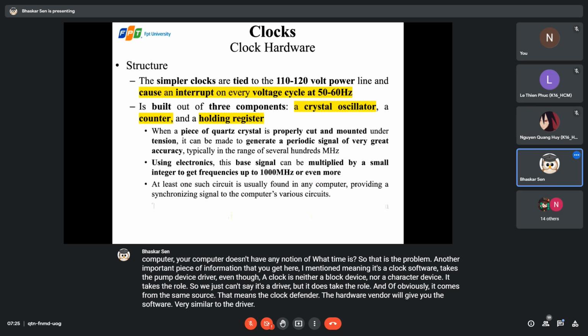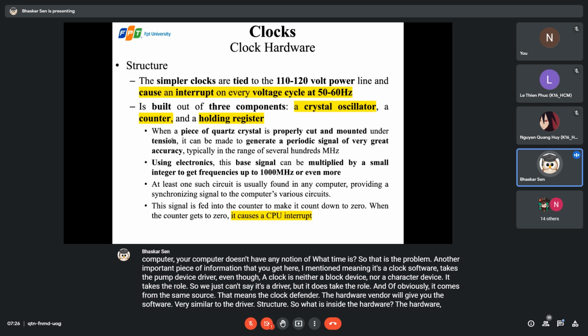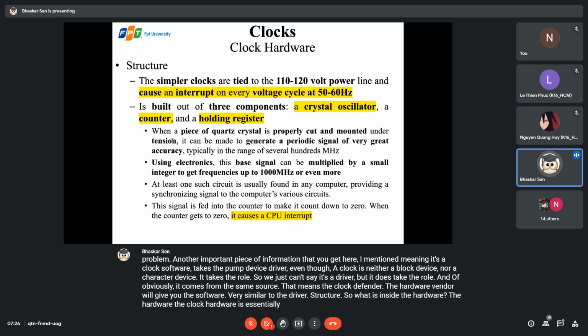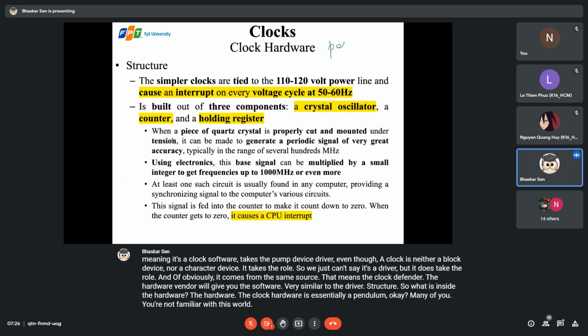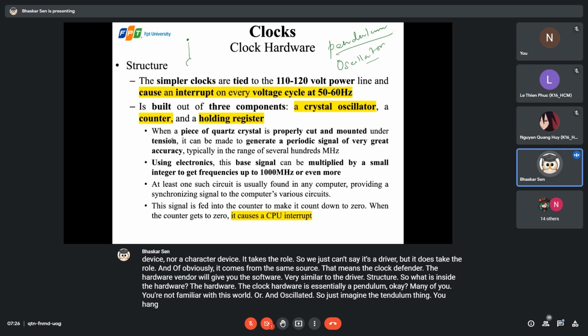Structure. So what is inside the hardware? The clock hardware is essentially a pendulum, or an oscillator. Many of you may not be familiar with this word. Just imagine the pendulum: you hang a string and you hang a ball.